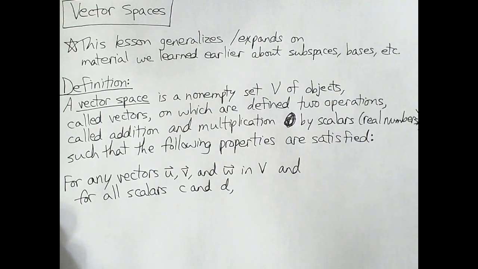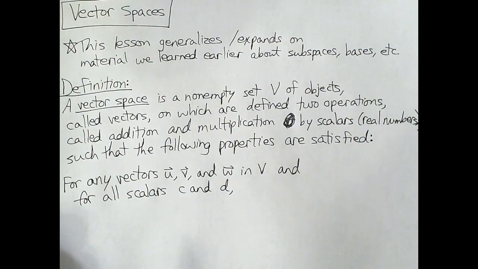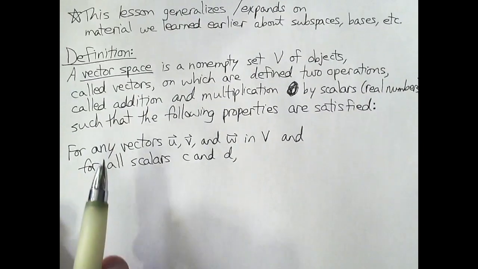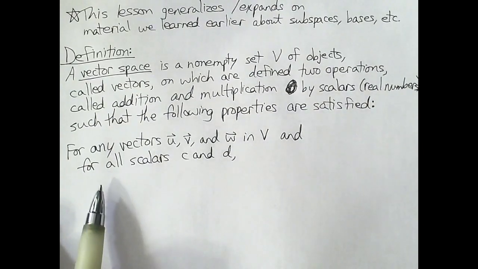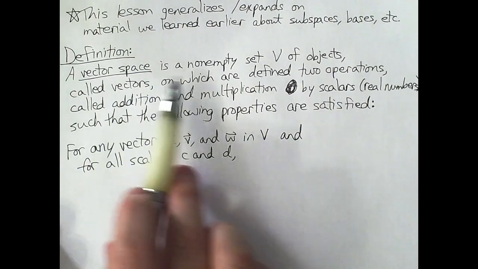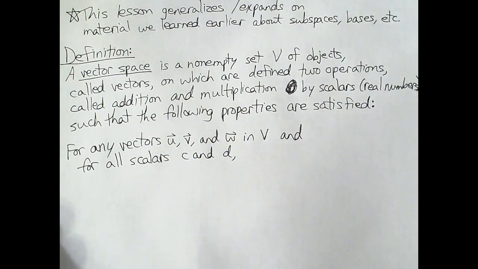So a vector space is a special kind of set with special kinds of operations. It's not just any set. It's not just any kinds of operations. They have to interact according to a set of properties.